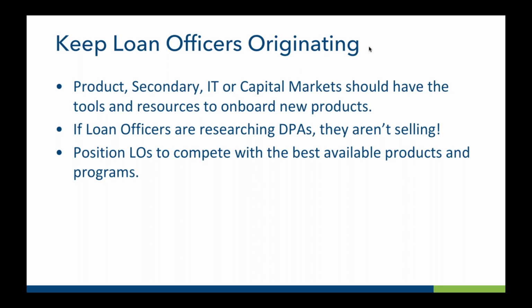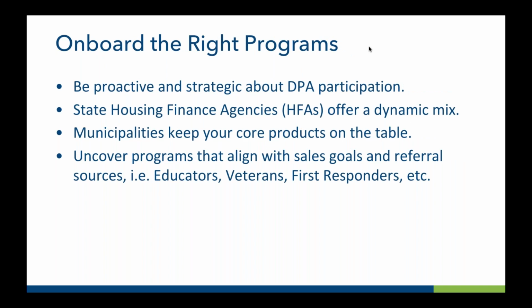It's to say that best practice, as we've seen it among banks and lenders and companies that do these programs well, is to keep the LOs originating and to give the product or the secondary or whichever team is responsible for DPAs the tools and the authority to make those decisions and to access the information they need about those programs, so that loan officers are working with buyers and not nonprofits and housing finance agencies and so forth, all in an effort to position LOs to compete with the best available products while maintaining their primary role of selling, right?